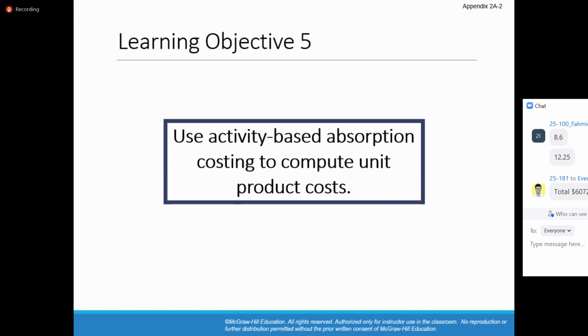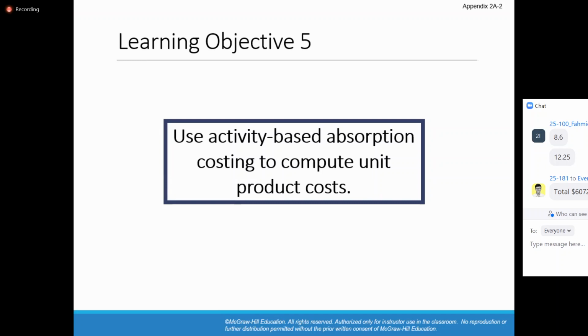And this is a kind of brief overview of how activity-based costing works. And the learning from this appendix will also help you with ABC costing, which we will be discussing later.